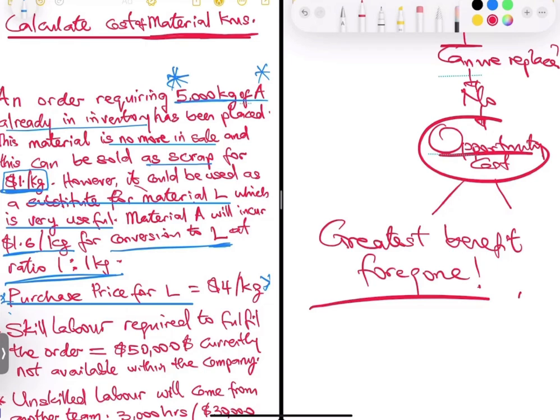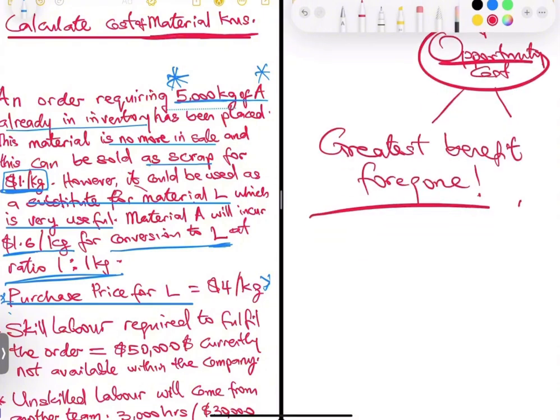Remember, it's about the new decision. If we decide to honor that decision to sell 5,000 kg worth of material A to this new customer, what are we losing? What is the greatest value that we are losing? So tell me, what are you going to lose?